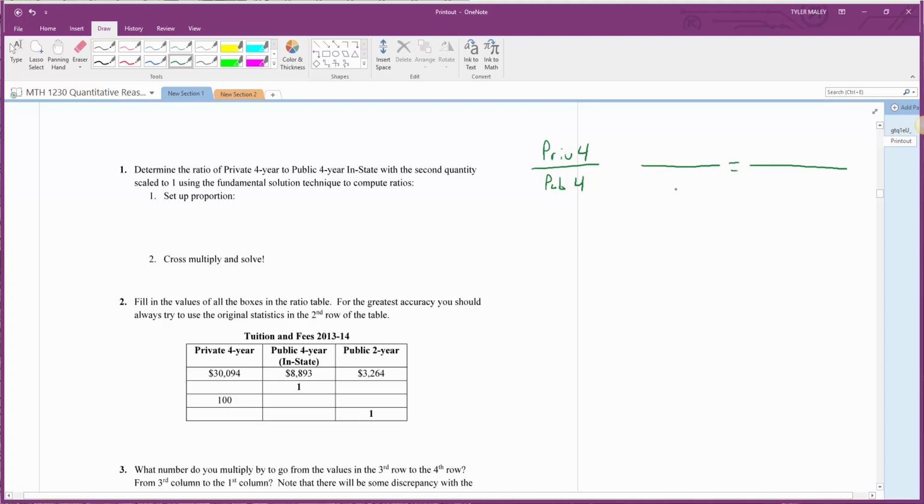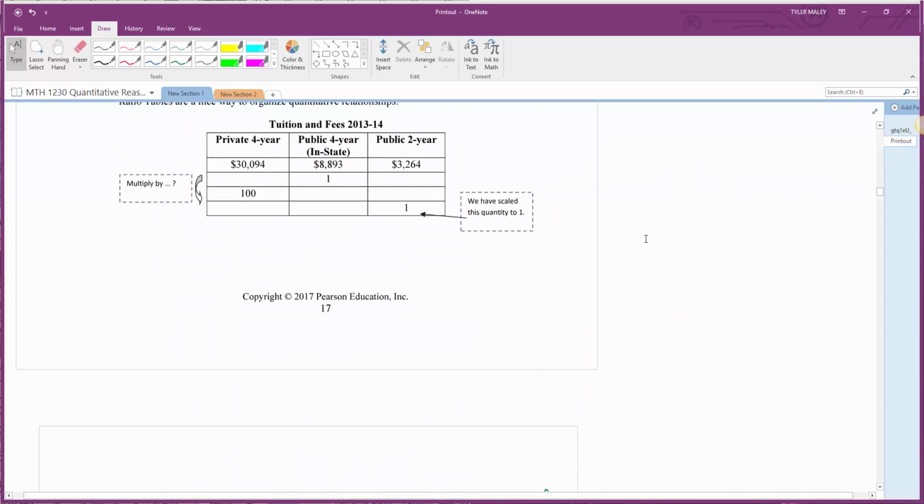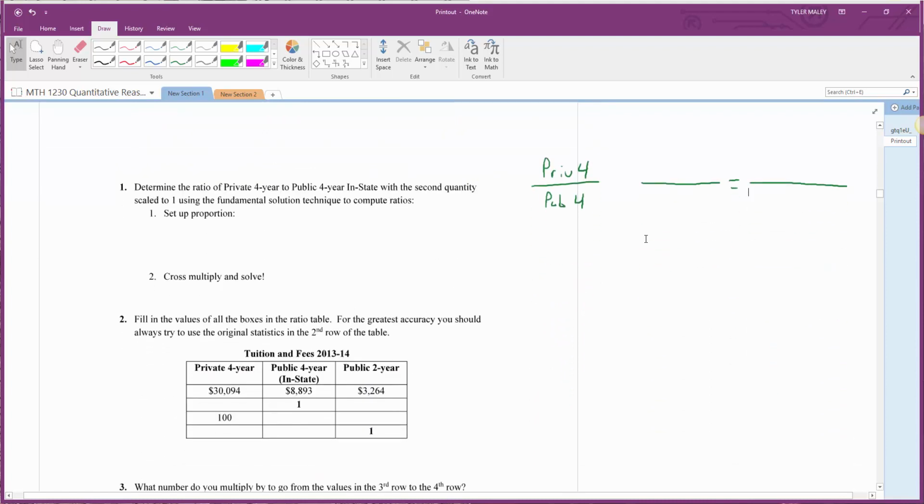If we look at the table, the private four-year, we have 30,094. And for public four-year, we had 8,893.